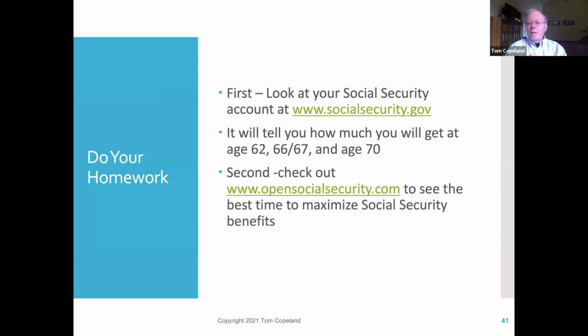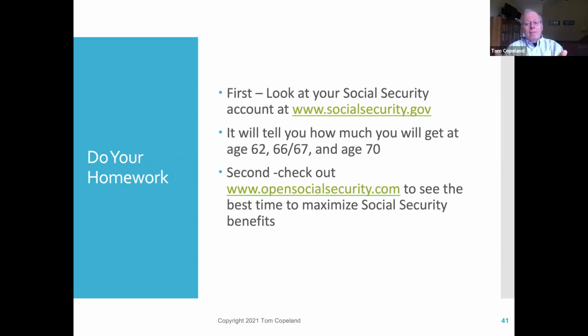Social Security is complicated. I can't tell you how it's going to work in your situation. Maybe you're divorced. Maybe your spouse has died. Maybe you have children who are disabled. This impacts how much you could get from Social Security. So I don't have all the answers for that. That's why I say, go to this calculator.